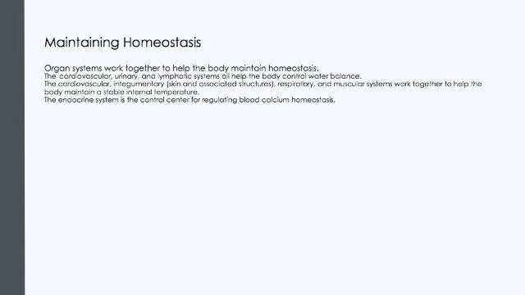Blood vessels near the body's surface constrict, this conserves heat, and muscles contract, causing us to shiver, this produces heat. When body temperature gets too high, the control center sends signals to dilate blood vessels near the skin and activate sweat glands, and this allows excess heat to escape.